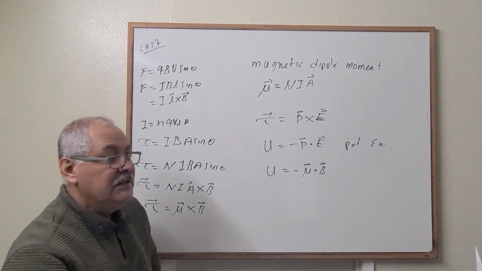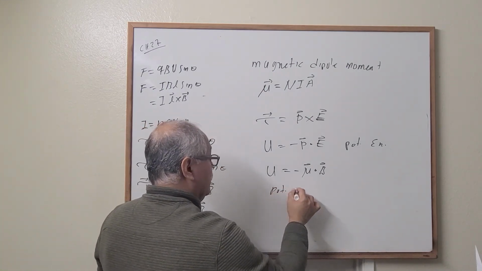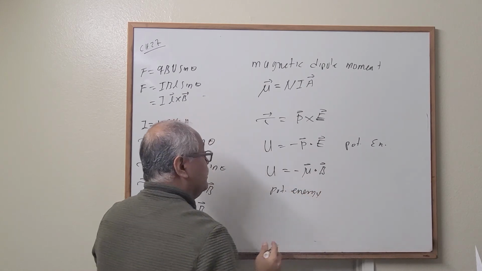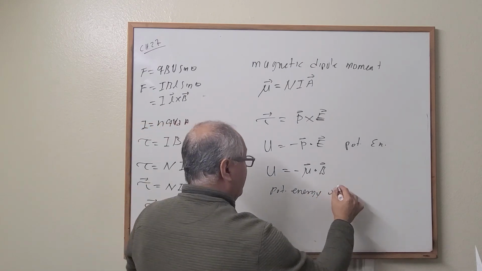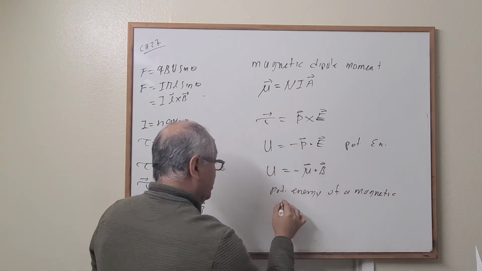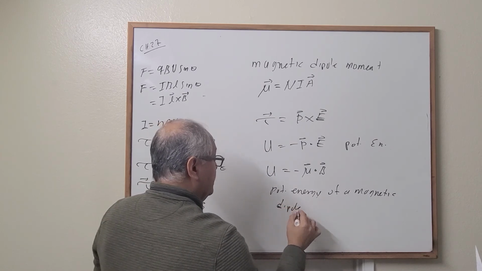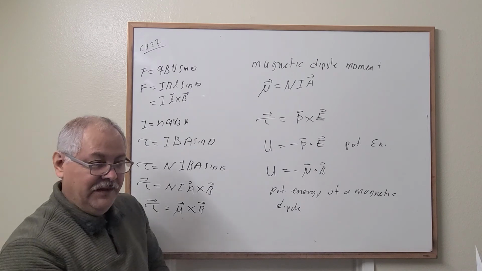This is the potential energy of a magnetic dipole in a constant magnetic field.